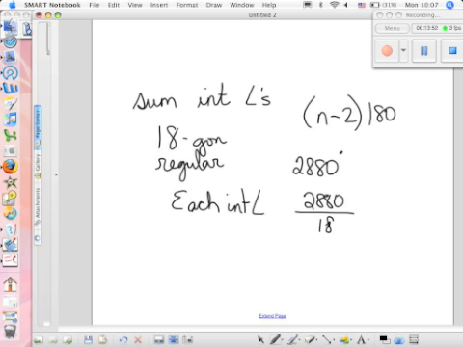Number 2: if a line is perpendicular to one of two parallel lines, then it is always, sometimes, or never perpendicular to the other one. Sometimes is correct, because they could be on different planes.